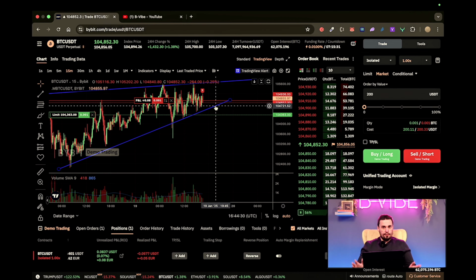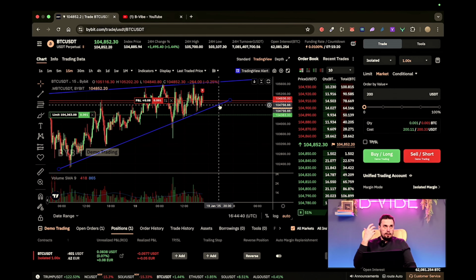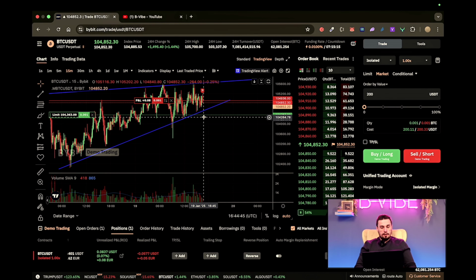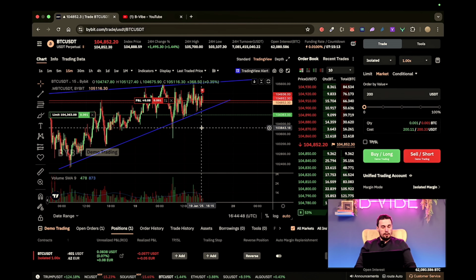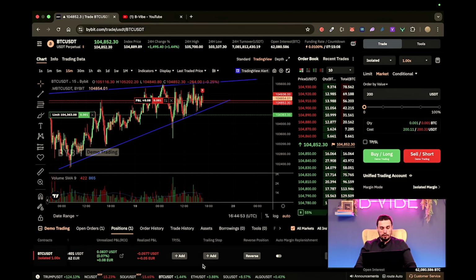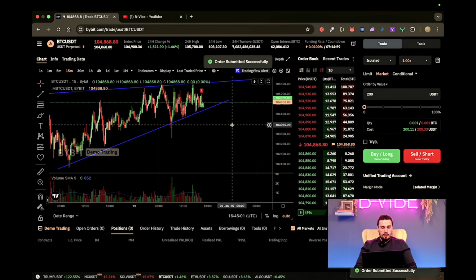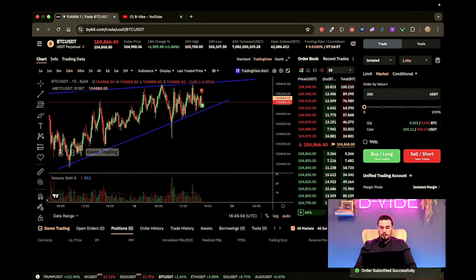You can close your computer, and if the price of Bitcoin continues to go down, because you think and have done your research that it will go down, then this limit order will automatically close your trade with a certain profit. But if you want to close it right away with this profit of 0.08, you close the whole position, confirm, and that's it. So you have exited your trade.